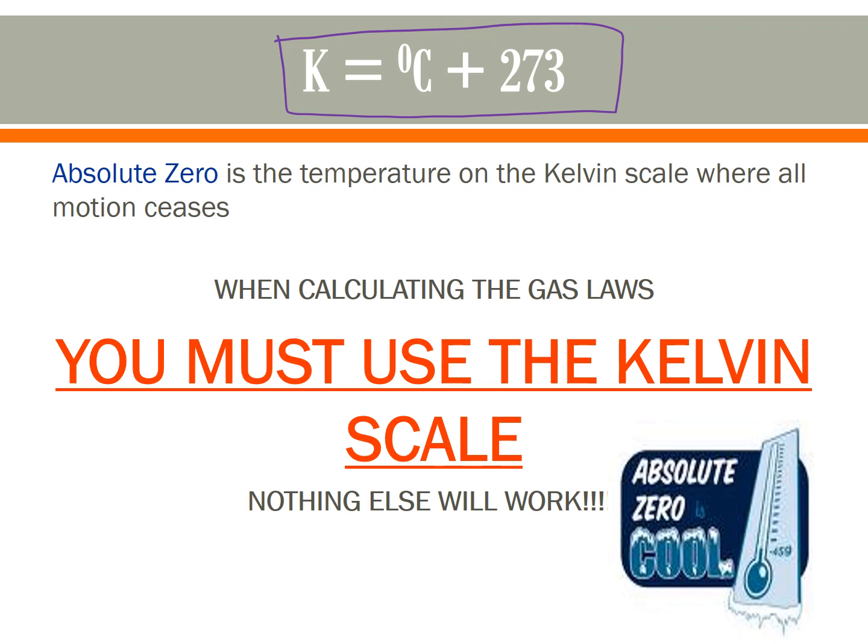They've slowed down those molecules, because remember, temperature is not a measurement of heat. It is the average kinetic energy. It's how fast particles are moving. And just like I said in the slide before, when you do anything with gas laws, you must use the Kelvin scale. Nothing else will work. You cannot do the calculations in Celsius. They must be in Kelvin. That's why Kelvin equals degrees Celsius plus 273 is going to be so important.